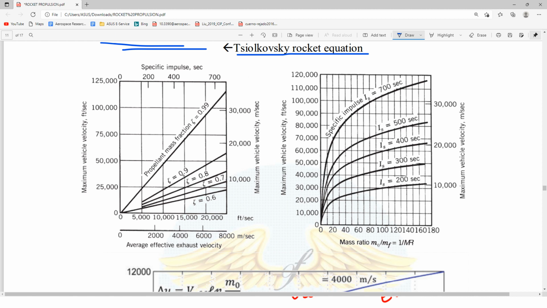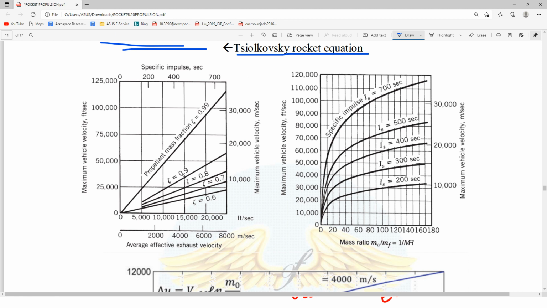We can see that the slope is drastically increasing, with 0.6, then 0.7, 0.8, 0.9, then 0.99.